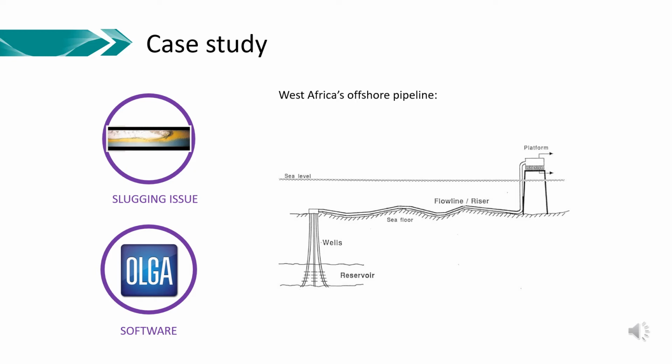We are going to use MultiFlash software to analyze the fluid composition, OLGA to determine the flow profile throughout the pipeline, as well as Fluent to determine the flow profile at the riser base.